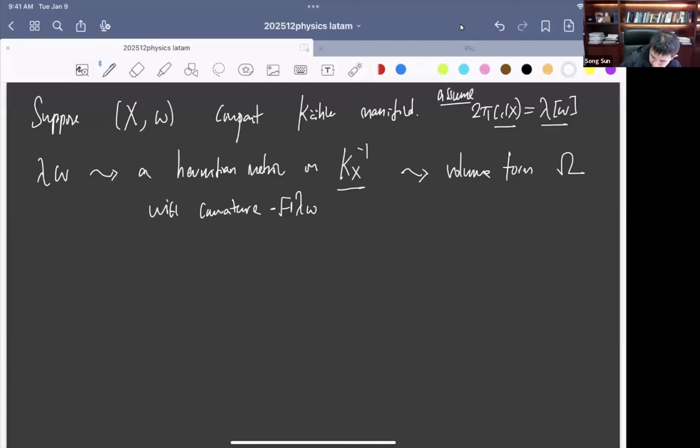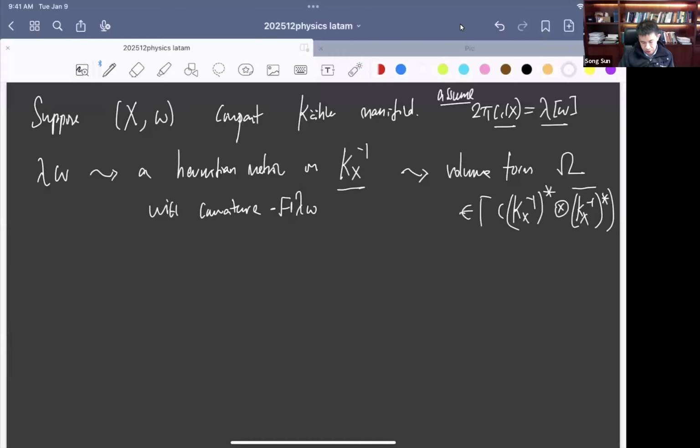So this is a section of K_X inverse dual tensor K_X inverse dual, where the inverse is the same as the dual.